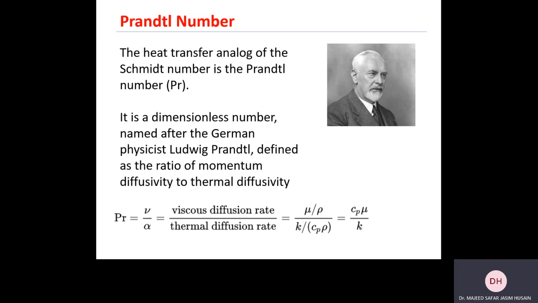So the definition of the Prandtl number is given to you, and at the end you can see the ratio of the momentum diffusivity to the thermal diffusivity. And you get the final form of it, which is Cp viscosity divided by k.